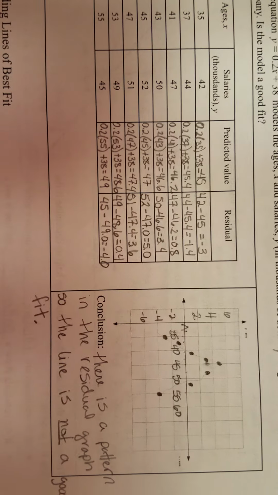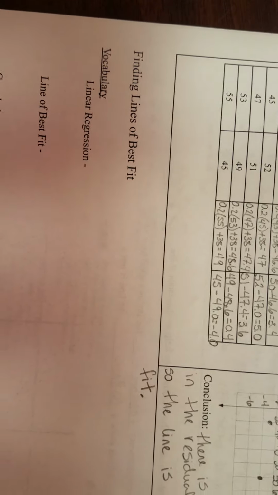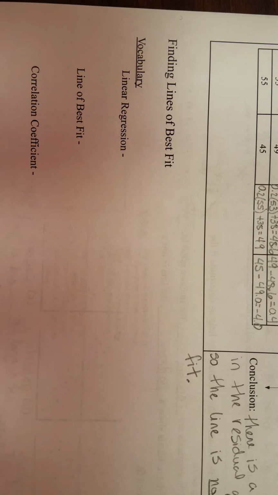All right, we need to talk about how to find lines of best fit, but before we do that, we need to build up some vocabulary. So our next topic is we're going to use technology to find lines of best fit, but first let's talk about linear regression, what exactly is a line of best fit, and the correlation coefficient.